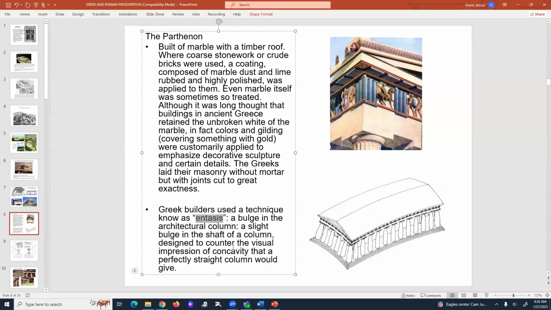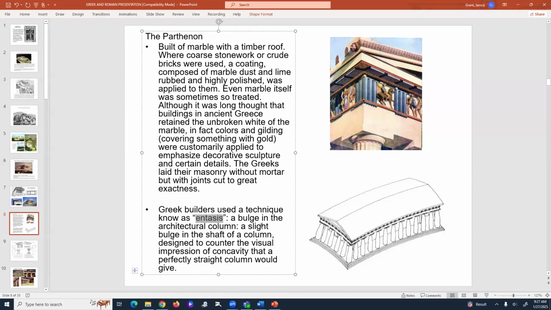The Greek builders used this technique where they bulge the column slightly, the shaft of it, designed to counter the visual impression of concavity that a perfectly straight column would give. So when you go up to this Parthenon and you're down below and you look up, they curve the columns to visually change it so that we see it in a different way.